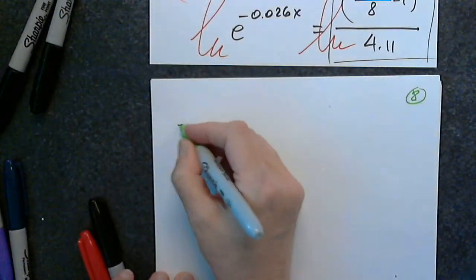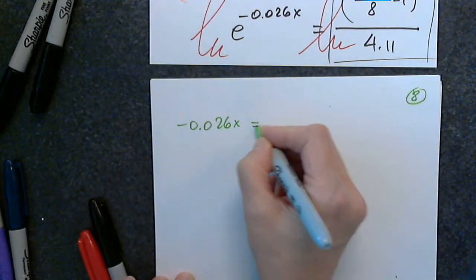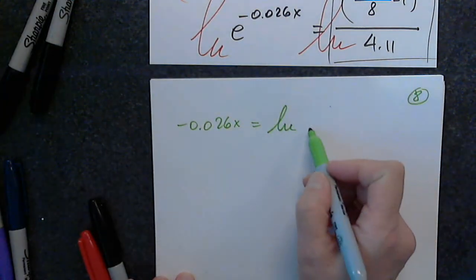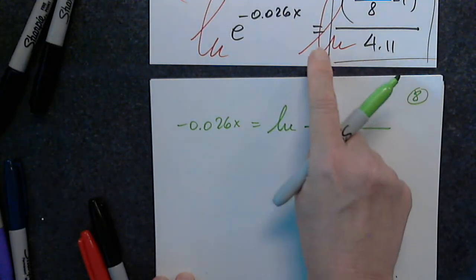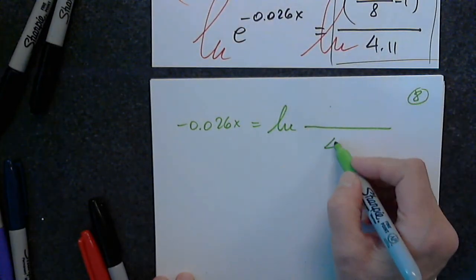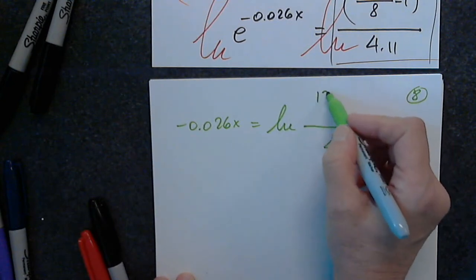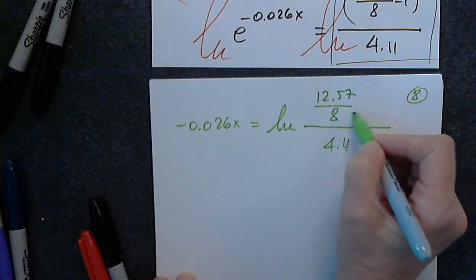So this becomes negative 0.026x equals natural log, and be very careful how you write this. Natural log is in front of the fraction line, the denominator is 4.11, and the numerator is 12.57 over 8 minus 1.